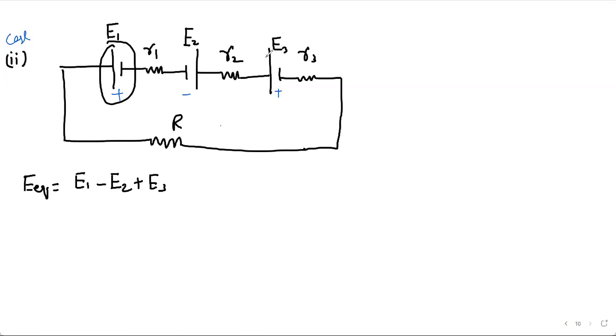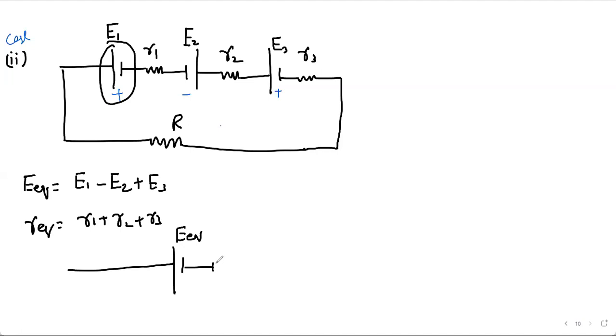Usually the cell which has the higher value of EMF is considered as positive. If you take equivalent internal resistance, it will be simply R1 plus R2 plus R3. So you can make an equivalent cell. The polarity that you have considered positive will be the polarity of the equivalent cell.